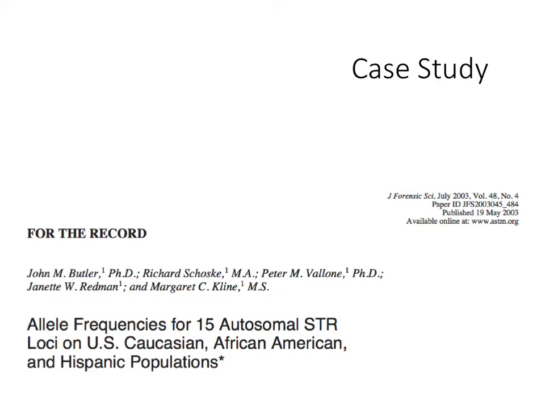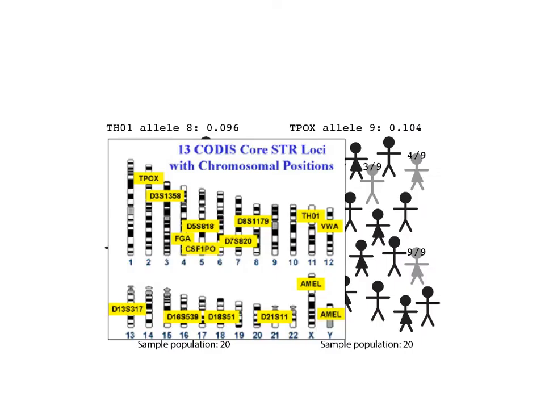STR, we talked about last class, usually means microsatellite, some small number of nucleotides repeated n times in a row. So allele frequencies for 15 different ones of these on different chromosomes in US Caucasian, African American, and Hispanic populations. I showed this chart briefly last time.